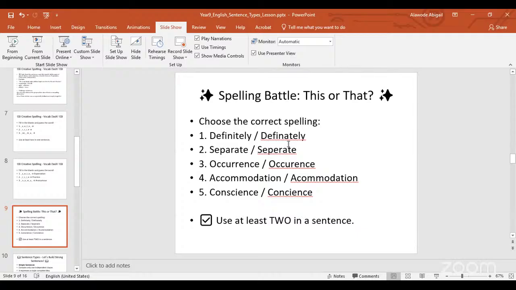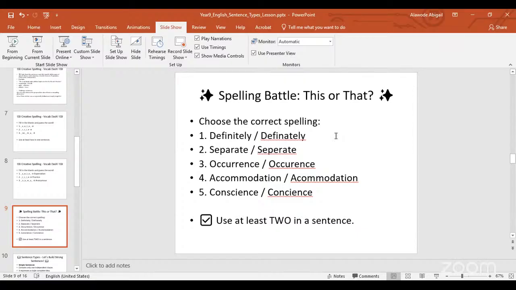It's definitely. John, are you there? Yes, ma'am. Definitely. But when we pronounce it, it sounds like definately. So it's easy to make that mistake. But you know that E sounds a little bit like A. So it's easy to get confused. But please know that definite is the spelling, not definate.